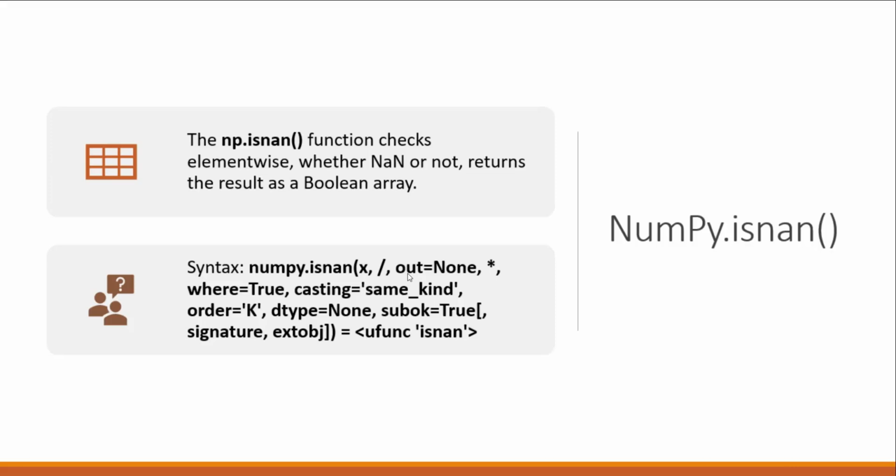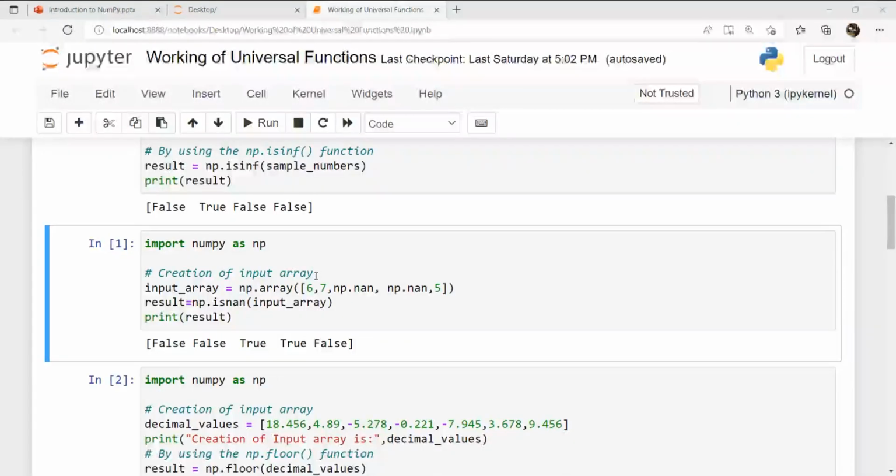Now let us see an example of how to use the numpy.isnan function. In this example, we have created an array by using the np.array function, and within this function we have assigned integers along with the nan value as arguments. Next, we use the np.isnan function, and within this function we have passed the input array as an argument.